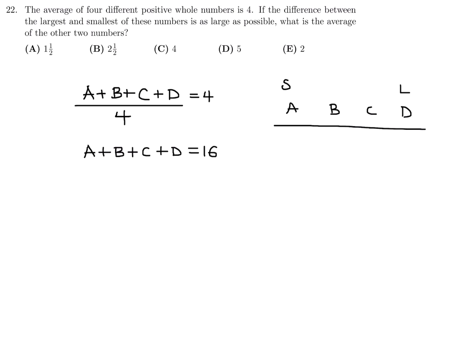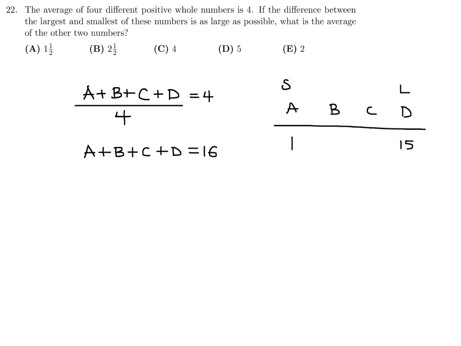So, let's say the smallest possible number I can have is 1, because they're saying that they're all positive whole numbers. And the largest possible is going to be 16. But if D is 16, then D plus A will be 17, and that's not going to work, right? So let's make D 15. That way, this at least can work.